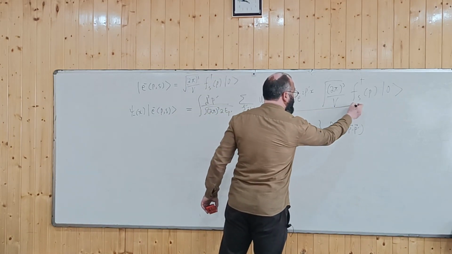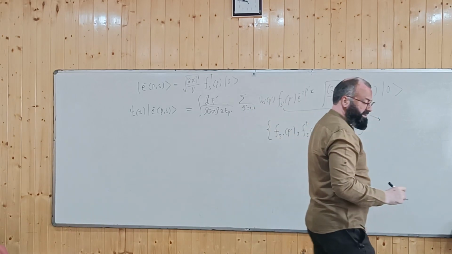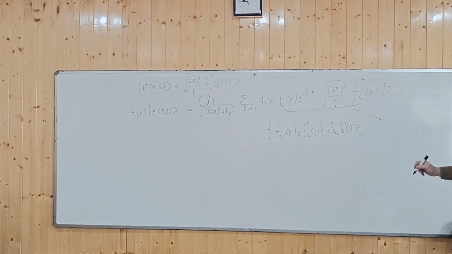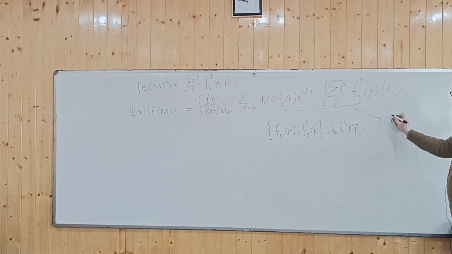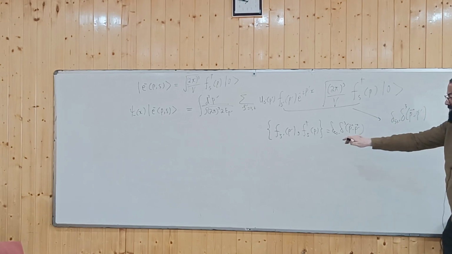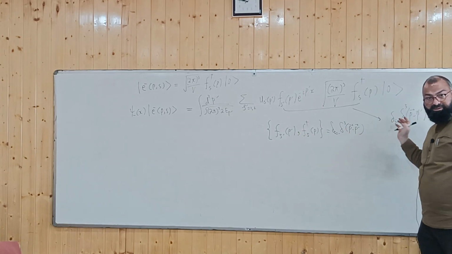Now if I use the anti-commutation here, I will not write this step directly. So take these two operators. When you write the anti-commutation relation in this very case, what will you get? You will simply get first this object, delta_ss prime, delta 3 of p minus p prime. Clear? Then you take f dagger f on this side.